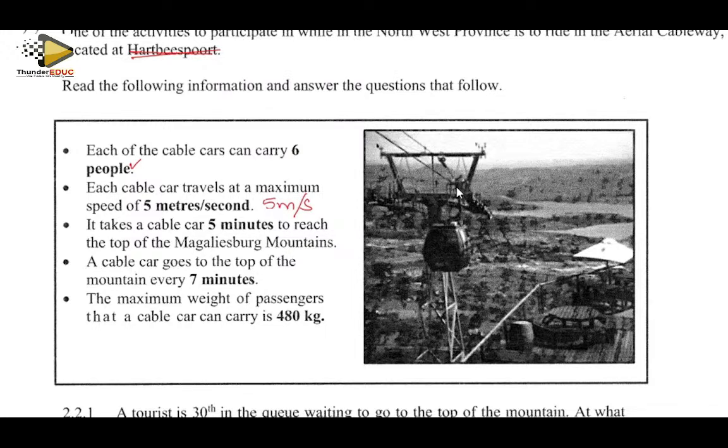Then it takes a cable car 5 minutes to reach the top of the mountain. Then a cable car goes to the top of the mountain every 7 minutes. The maximum weight of passengers that the car can carry is 480.